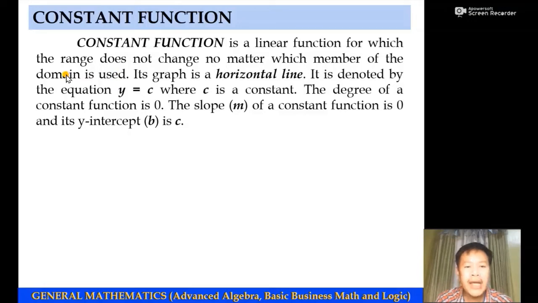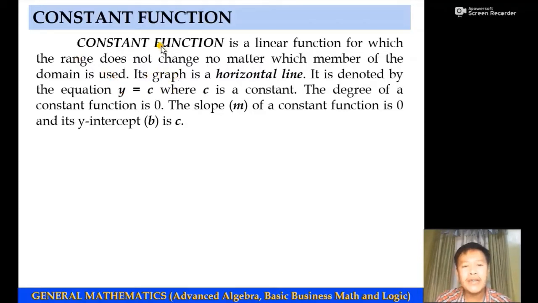When we say domain, it is a set of admissible values of x. It means that whatever value of x is assigned, the value of y remains the same, does not change all throughout that given problem.